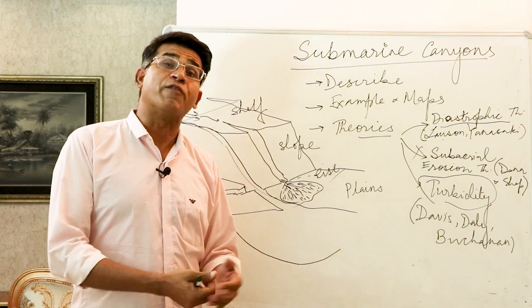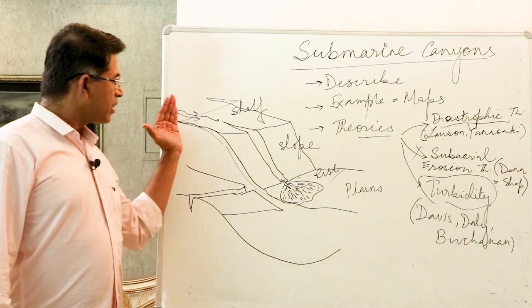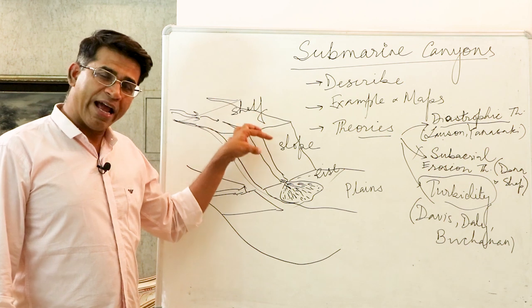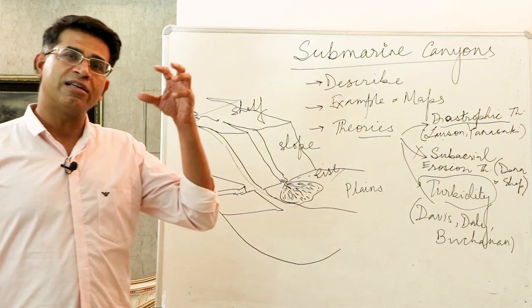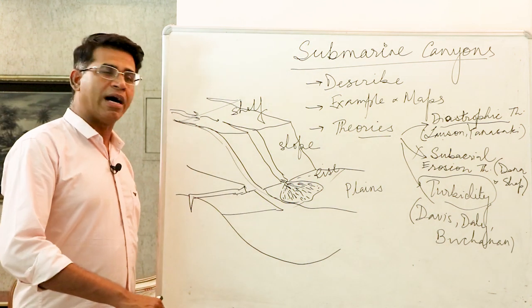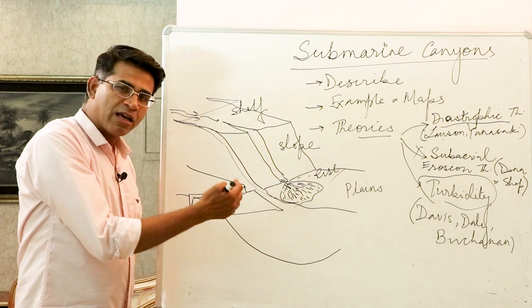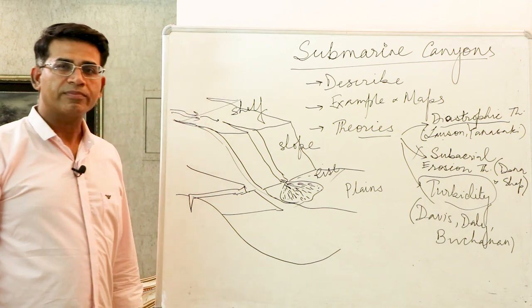And over millions of years, as the sediments accumulate, they are pushed towards the edges, and when they fall as underwater landslides, as an underwater avalanche of sediments, they scour out, they dig out sediments, and you can find the sediments ultimately on the ocean floor.